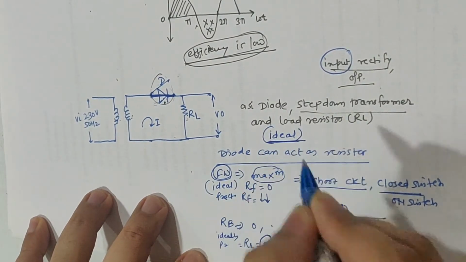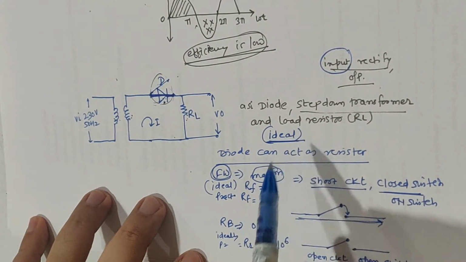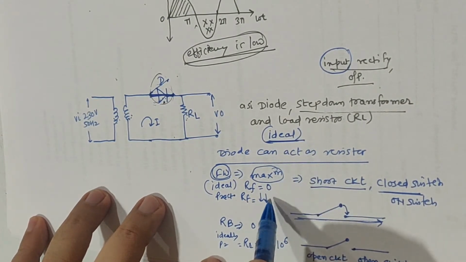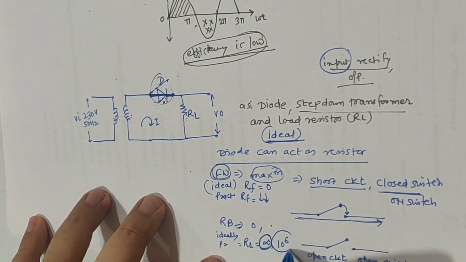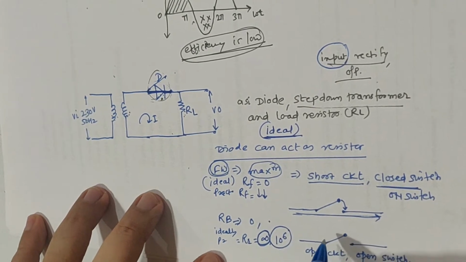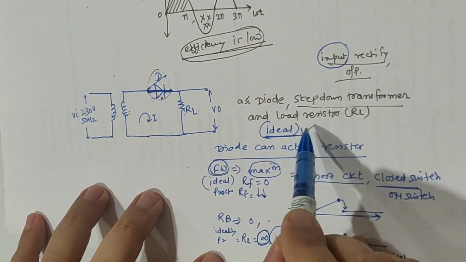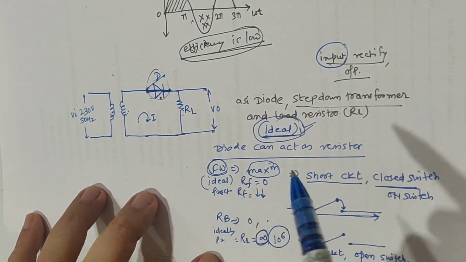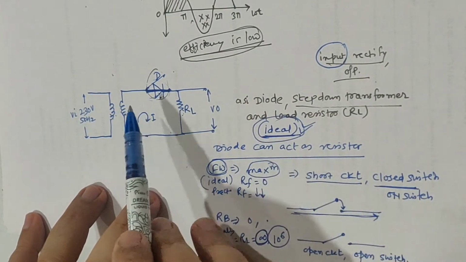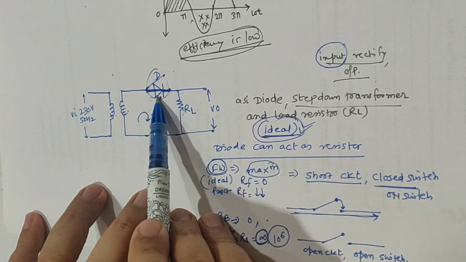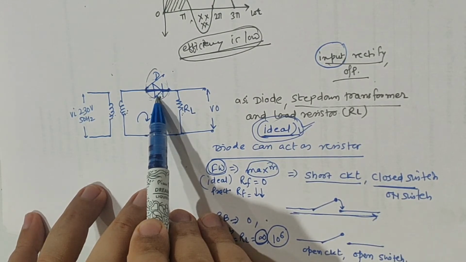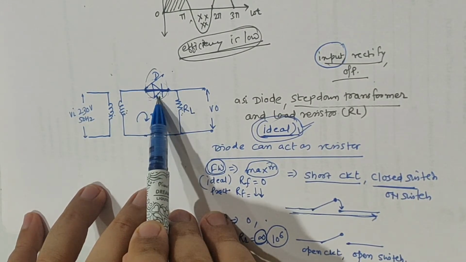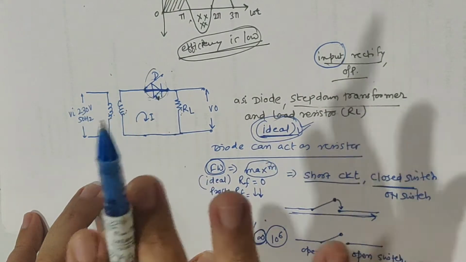That is very important, because a practical diode will have some forward resistance and 10 to the power 6 range reverse resistance, which you need to consider while analyzing. We will consider that the diode is ideal. What is the meaning of an ideal diode? I replace the diode by a short circuit when it is in forward bias, and by an open circuit when it is in reverse bias.